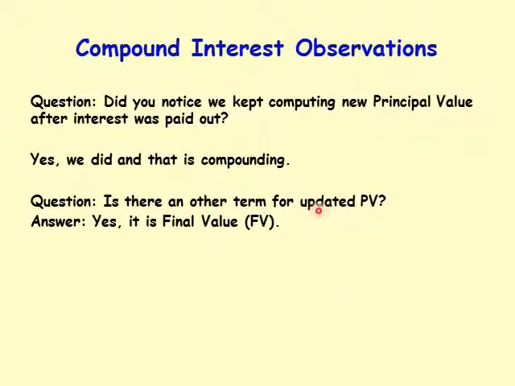Question: is there another term for updated PV? Yes, in some circles it's the final value. The last value when paid out might be called final value. In the intermediate steps, the updated principal value is still the updated principal value. And the final value paid out may be called the final value in some circles.